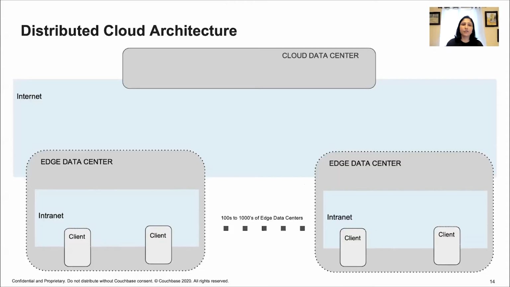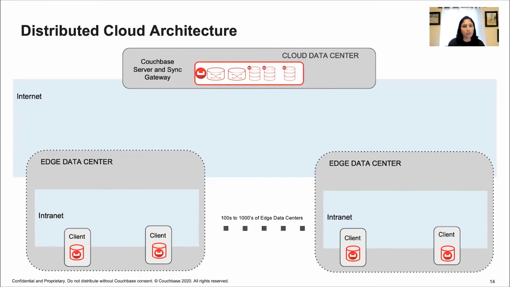So elaborating this further, how does this fit in with the paradigm of edge computing that we spoke about earlier? Consider a distributed cloud architecture or an edge compute architecture with a cloud data center and tens or hundreds or thousands of edge data centers. Now, each edge has a number of clients that are on the same local area network. You deploy Couchbase Server and Sync Gateway in the cloud data center, with Couchbase Lite embedded within the applications that are running on the clients.